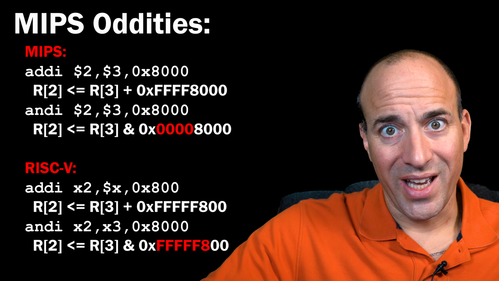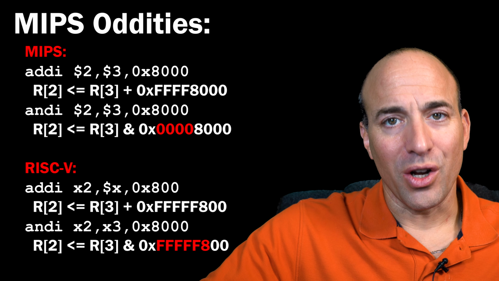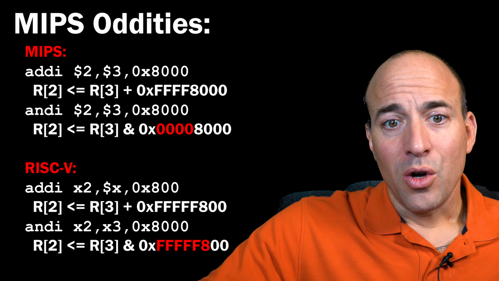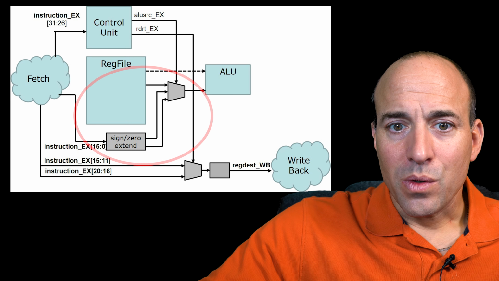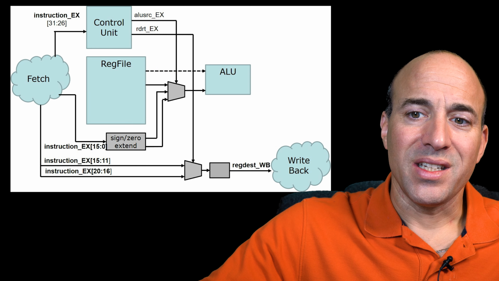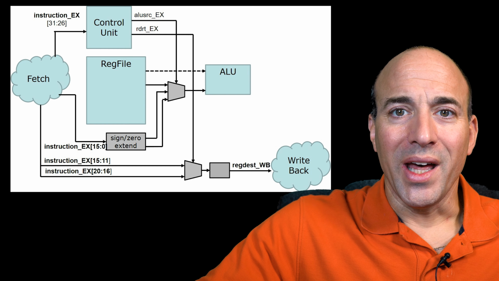RISC-V, on the other hand, just sign extends all immediates, regardless of the instruction. In previous iterations of this course, we needed to add an extra control signal and a mux to support both the signed and zero extended immediates, but now with RISC-V, we don't need that anymore.